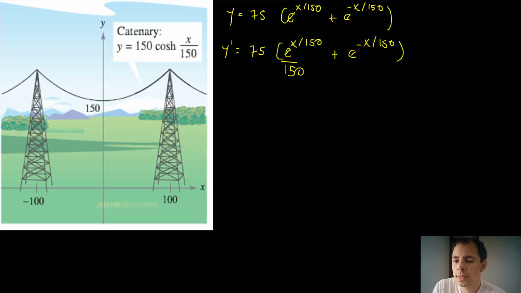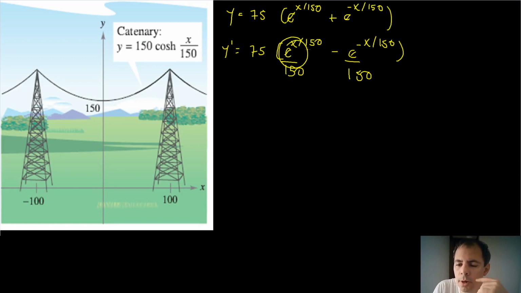The derivative of this is going to be minus 1 divided by 150. So I have to change this into a minus, and I have to put 150 here. So you can join this together.